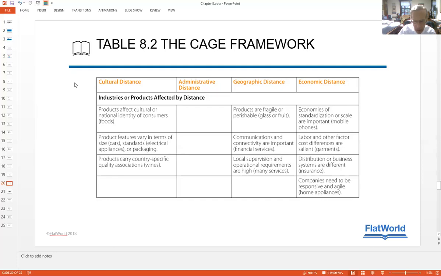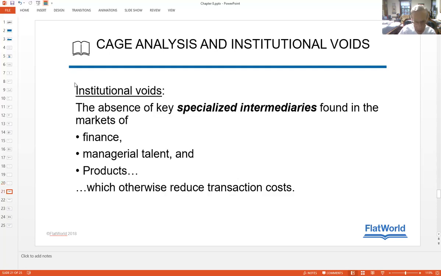And when we're using CAGE to assess differences or distances between the home country and the foreign country, then every time one of these barriers is substantial, there's a requirement to form a strategy to overcome or neutralize those barriers.